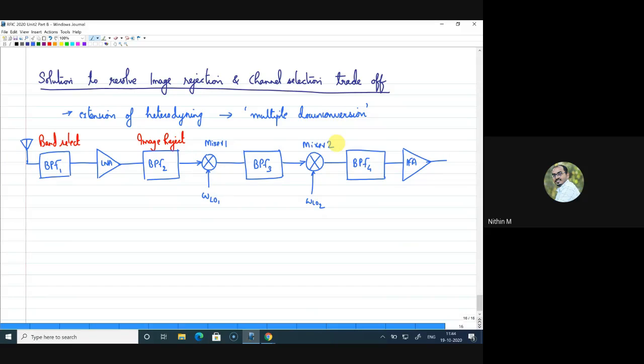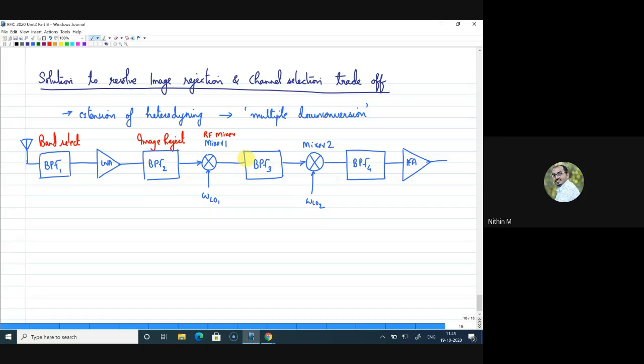Now when we try to understand the operation of each, after the image reject filter you have a mixer, but I'll call that mixer the RF mixer. So what that RF mixer is doing, it is converting your omega in to a lower frequency, but it is not that low so that I can select the channel, right? So that is not the case here.